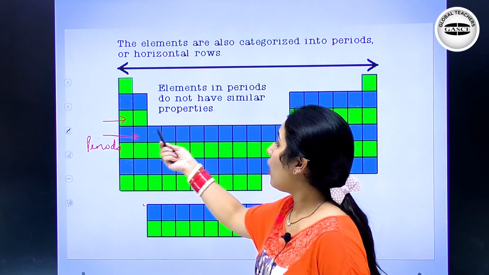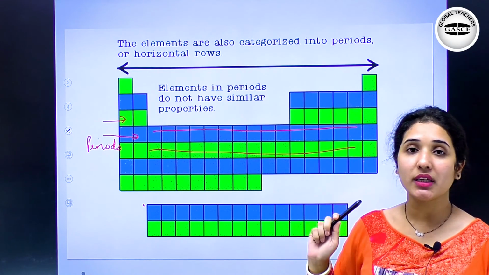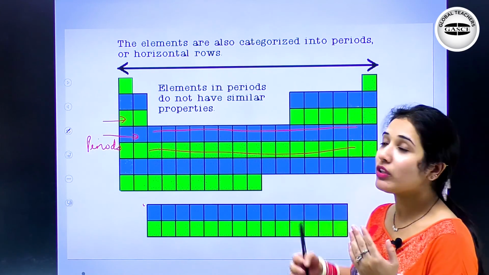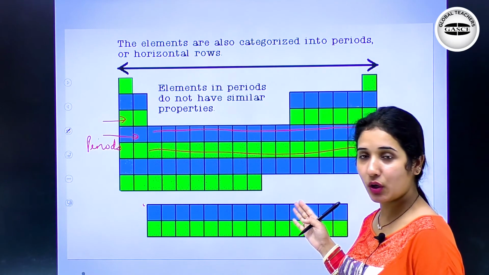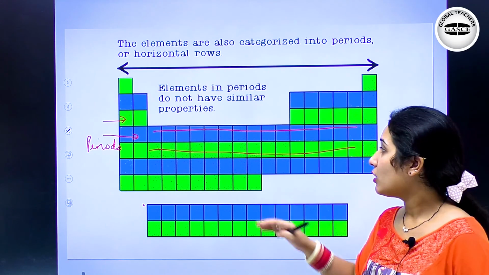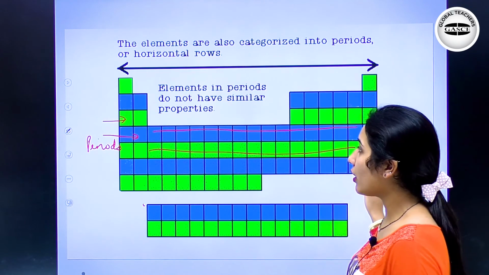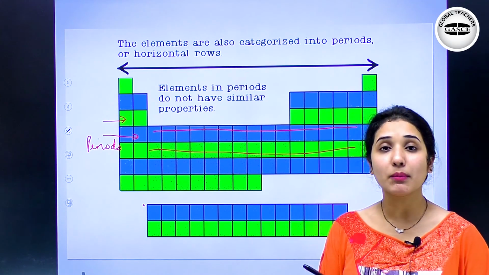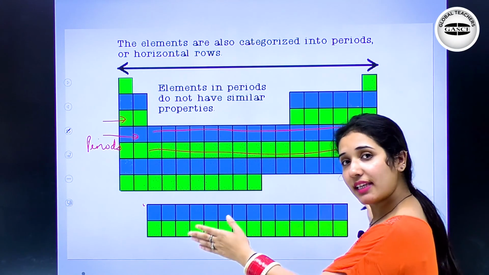All the elements in a particular period show specific similarities, which we'll be discussing further. Whatever elements are placed in these horizontal rows, they have some similar properties on the basis of which they have been classified in the same rows.